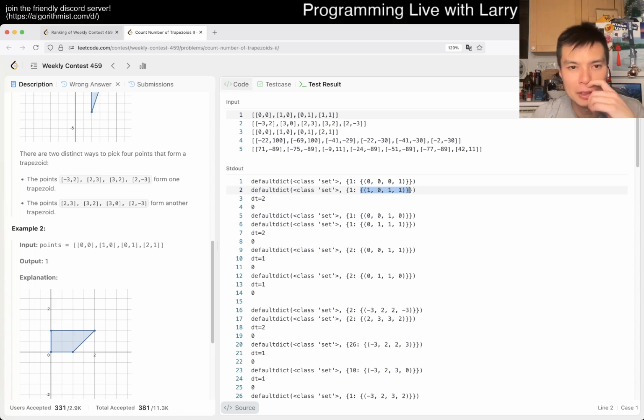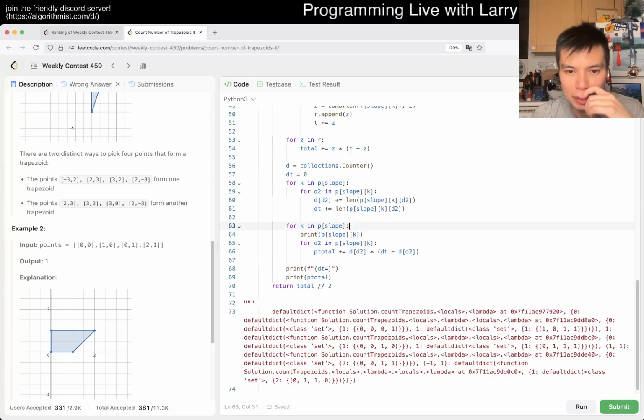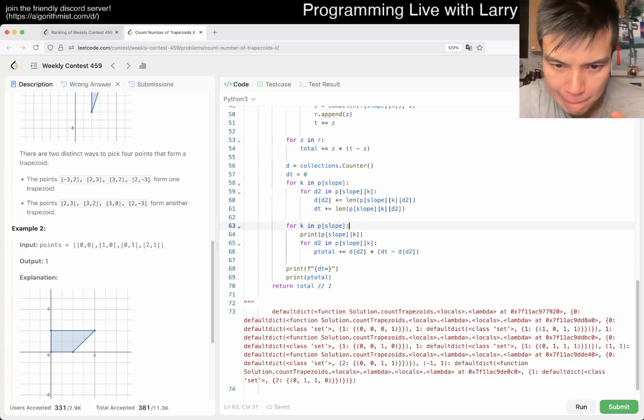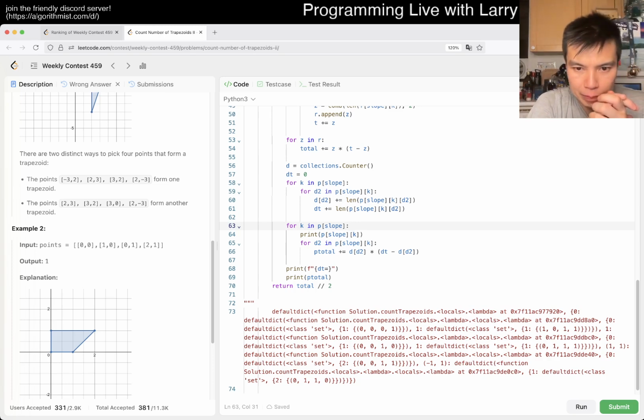Am I not doing this right? This loop is not right. I just kind of wrote it this way because I'm lazy. But is this loop wrong? This loop is wrong. dt doesn't make sense.